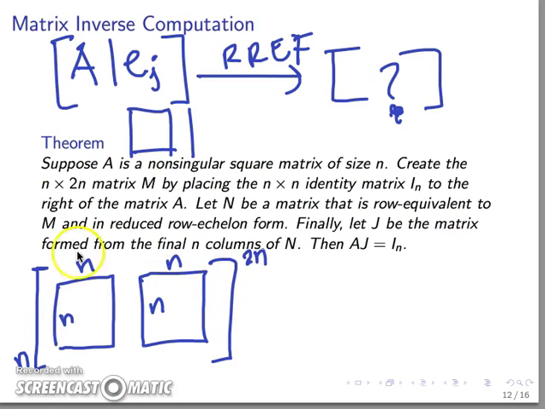So this is a rectangle made of two squares put next to each other, and that's what they call an augmented matrix of matrices, if you will. And what we want is to row reduce this whole rectangle.